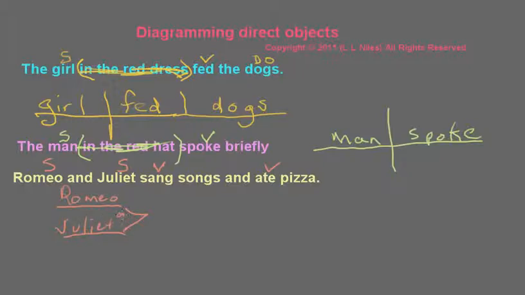Here we have and, if I can fit it in. Then we have to draw our subject verb line. Then we have to split it. They sang, that's the verb that came first, and they ate.